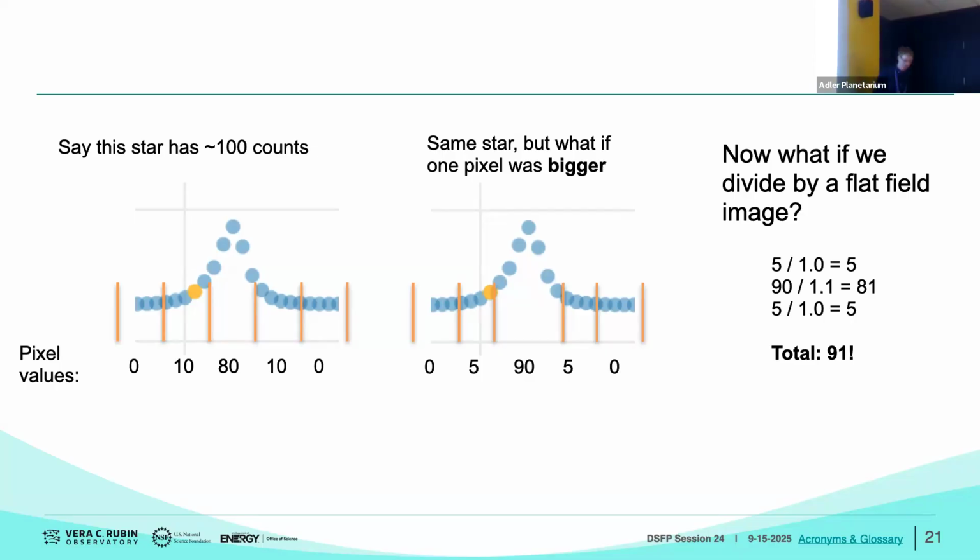I'm going to actually measure the wrong flux for the star. This is sort of hard to wrap your head around exactly why this is going on, but pixel size variation is just not correctable in the same way that pixel sensitivity variations are corrected.